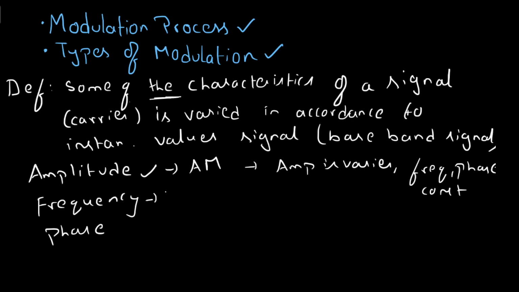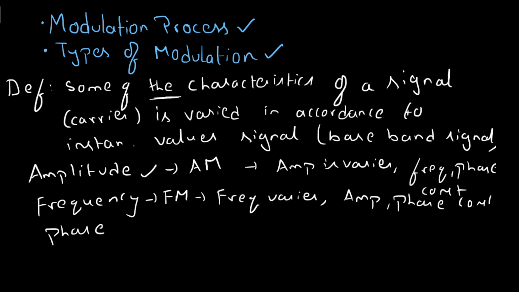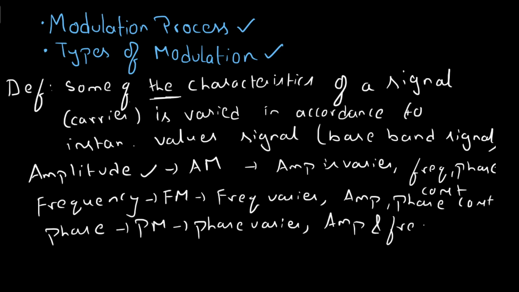Coming to frequency modulation, the frequency varies where the amplitude and phase of the carrier are constant. Coming to phase modulation, the phase of the carrier varies and the amplitude and frequency of the carrier are constant.